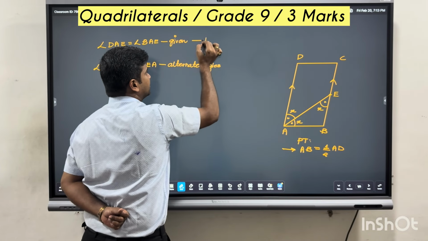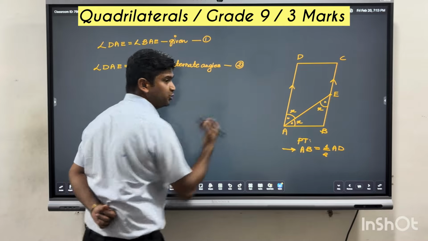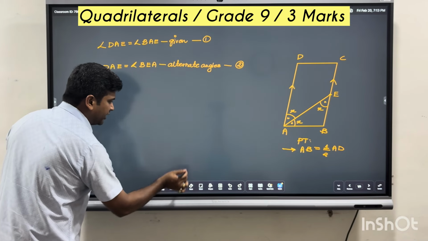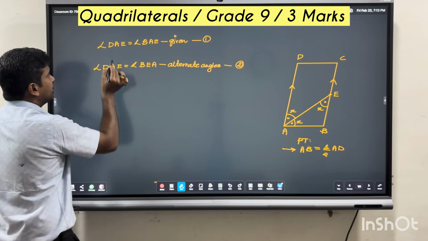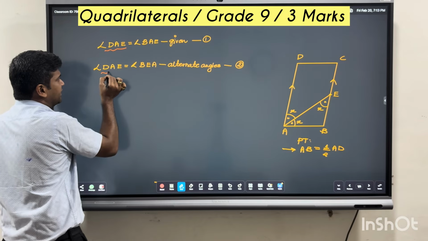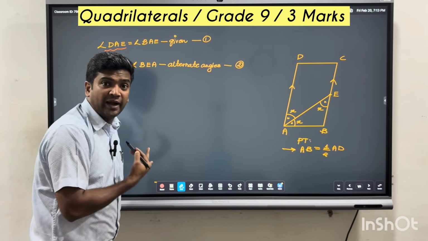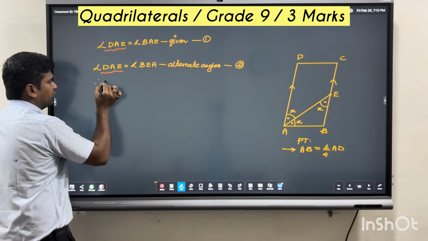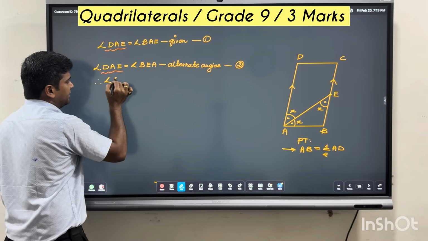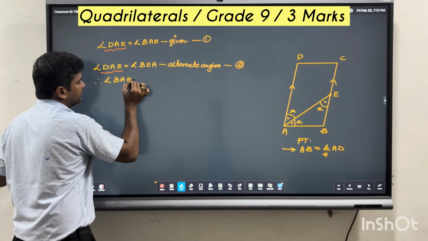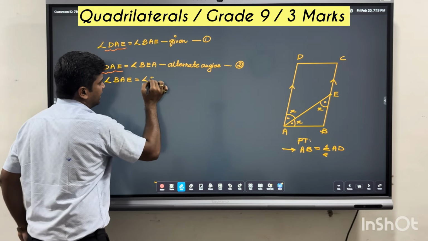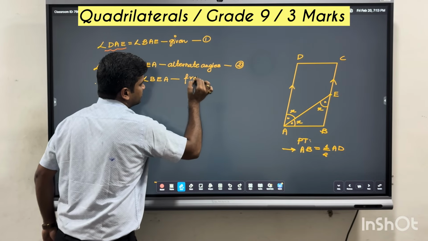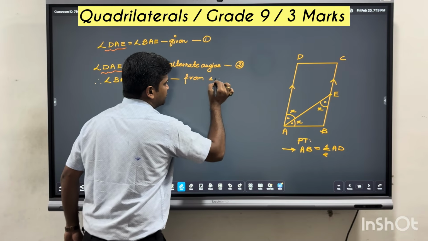I'll call this equation 1 and this equation 2. Come on, it's so easy. If you compare 1 and 2, DAE is here also DAE, so left-hand sides are equal, so automatically these two angles are equal. Therefore angle BAE is equal to angle BEA. The reason is from 1 and 2.